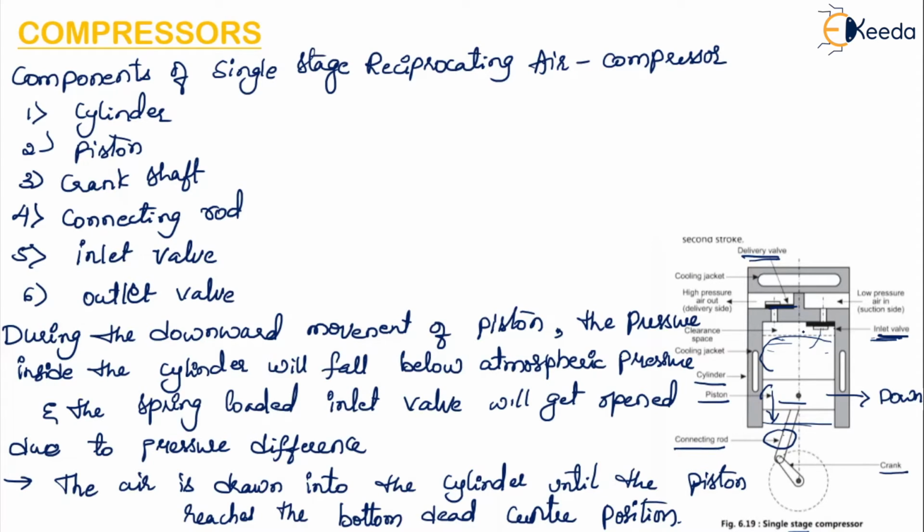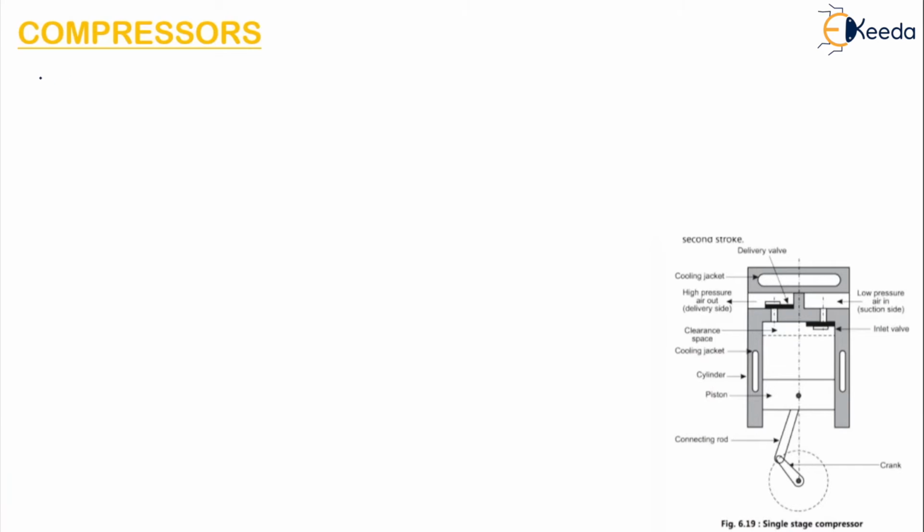Then as the piston starts moving upward, the inlet valve will get closed and the pressure starts continuously increasing until the pressure inside the cylinder is above the pressure of the delivery side, which is connected to the receiver.